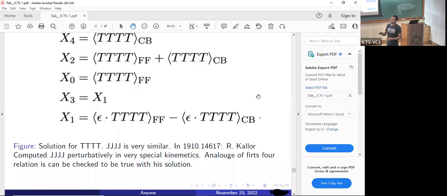What I mean is that these theories have all the higher spin currents, right? For example, if I take J_S, it has dimension delta equal to S plus 1, so the twist is equal to 1.